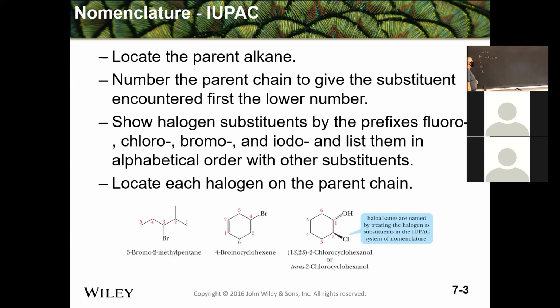There's a U in there. And the mnemonic here is that you owe it to yourself to spell this correctly. Chloro has an H, don't forget the H. Chloro, bromo, and iodo.